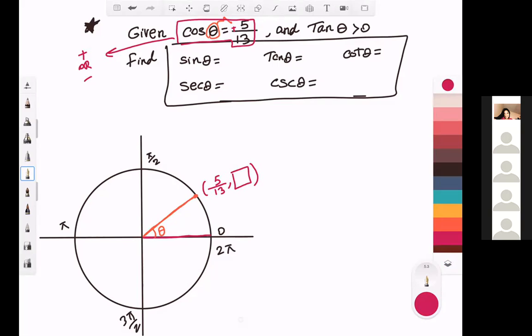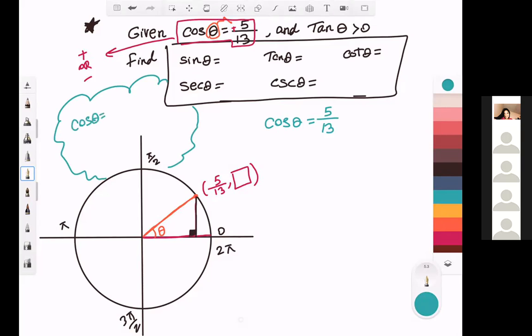So now, after we find the quadrant, we need to make a right triangle. We make a right triangle. Good. So we have cosine of theta equal to 5 over 13. You have on your note sheet that cosine of theta equals x over r.